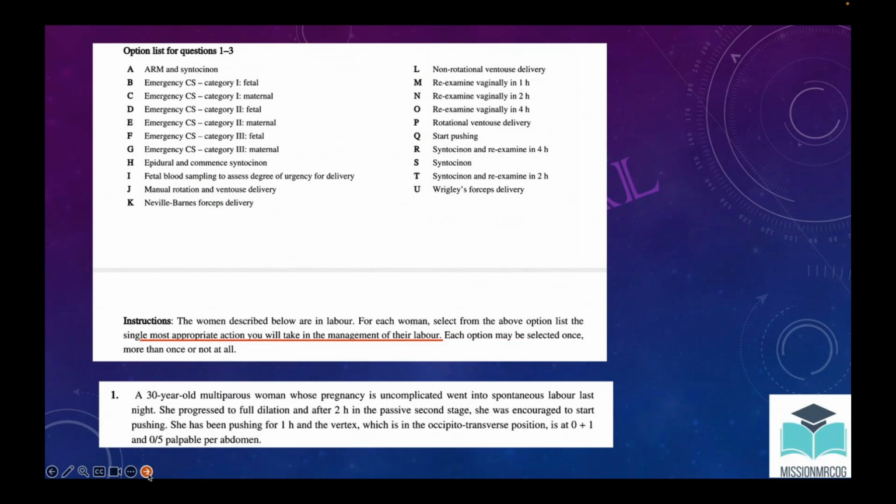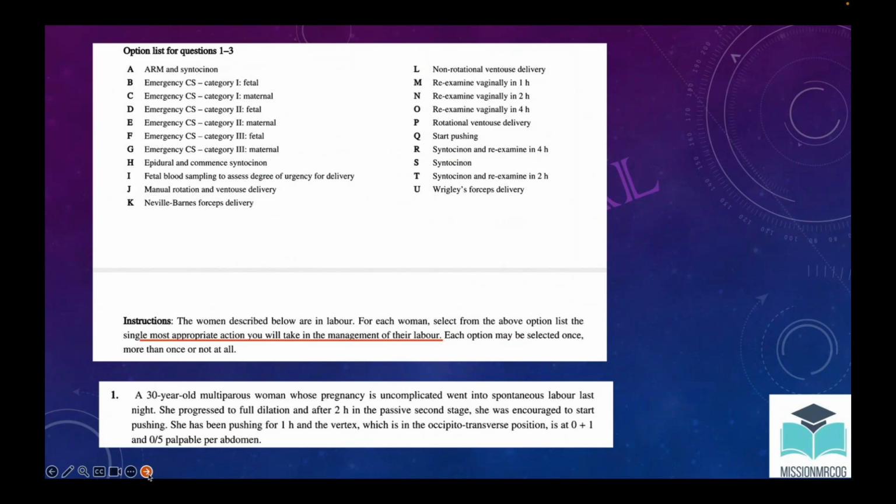No, rotational forceps. Rotational forceps, okay, that also would be an answer. But rotational ventouse delivery is the better answer, because first they will try to use ventouse, since the use of ventouse is easy. They will just fix the cup at the point, and when you pull it, self rotation will occur. But forceps require a lot more skill.